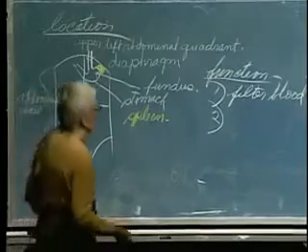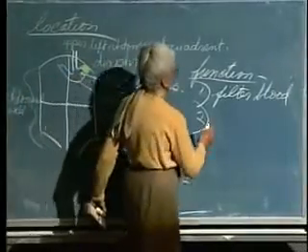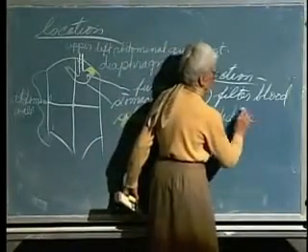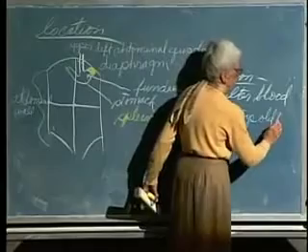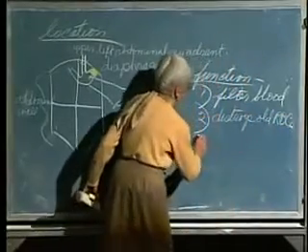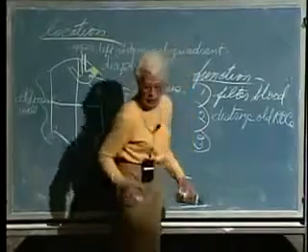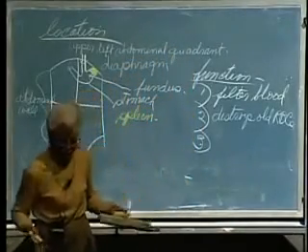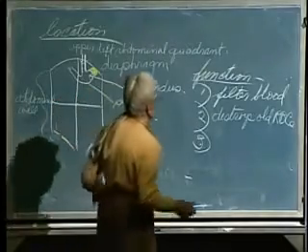So it destroys old RBCs. And it's the largest mass of lymphatic tissue in the body, so it's producing lymphocytes.